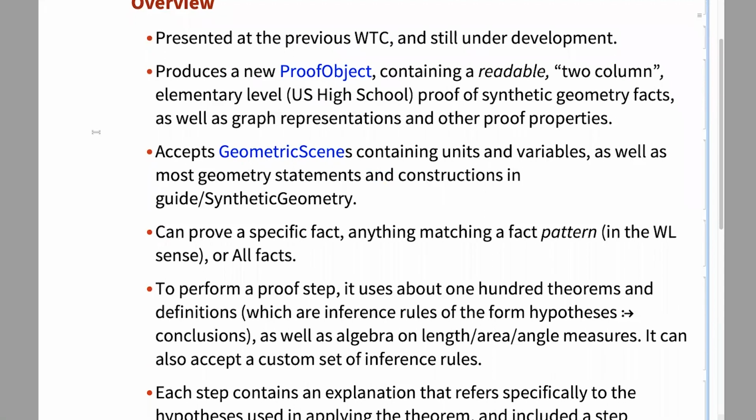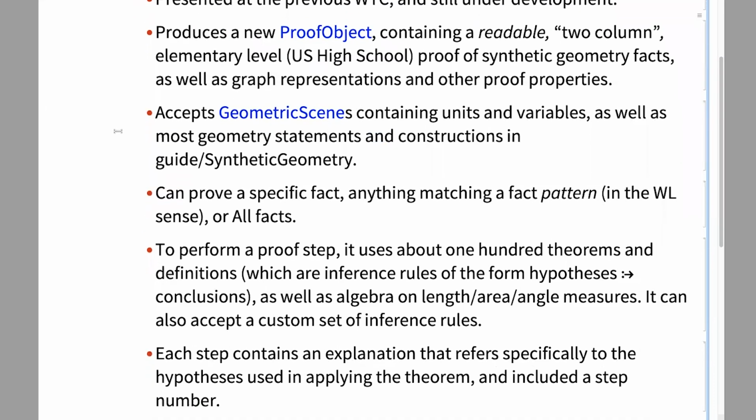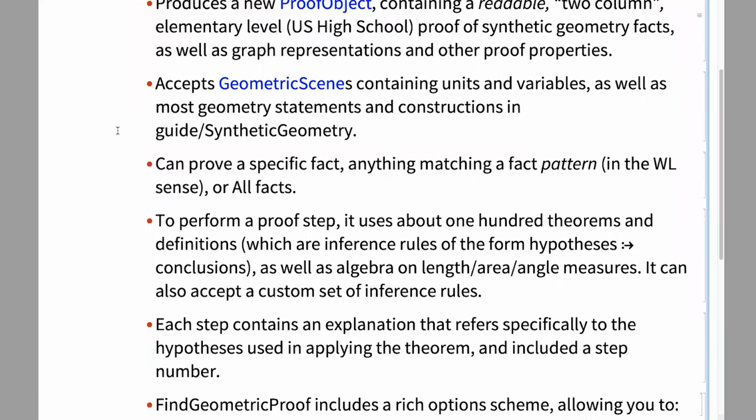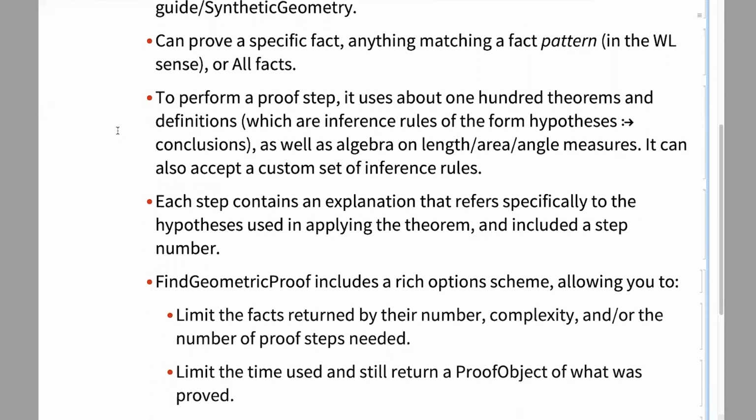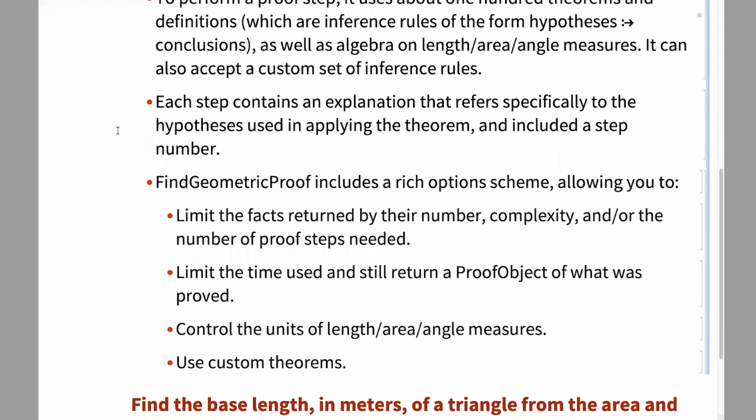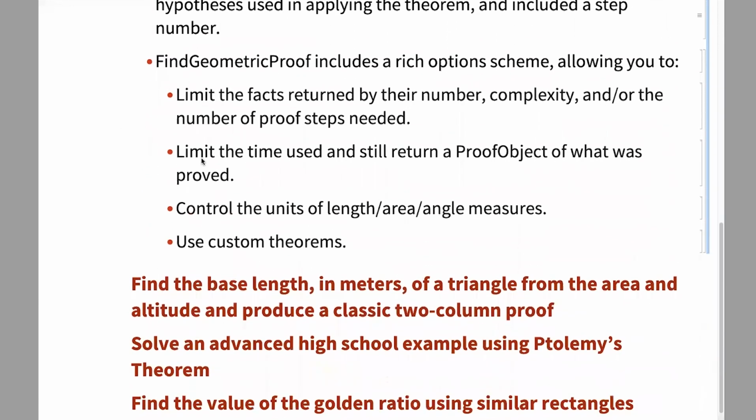It produces a proof object, which is sort of a two-column proof that you're used to in geometry, at least from the high school level. So it takes as input geometric scenes and then can prove a specific fact or anything matching a fact pattern, as you'll see. There's a little bit more here about how it works, but let's just skip ahead to some examples.